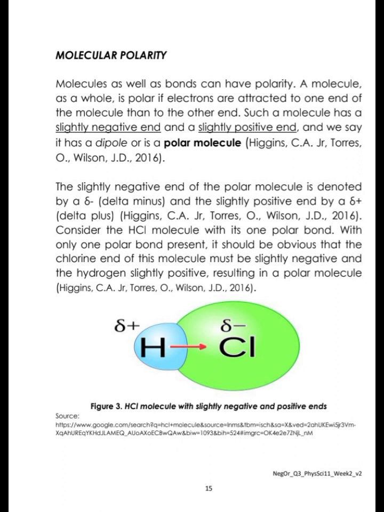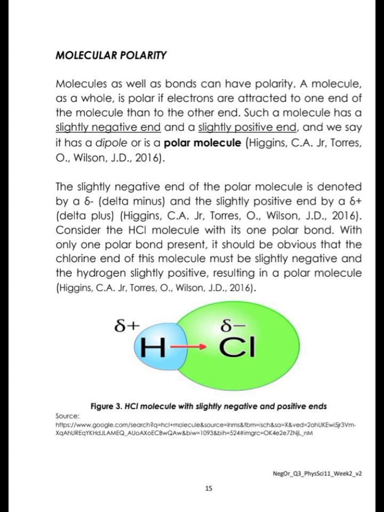The slightly negative end of a polar molecule is denoted by a delta minus and the slightly positive end by a delta plus. Consider the HCl molecule with only one polar bond present.